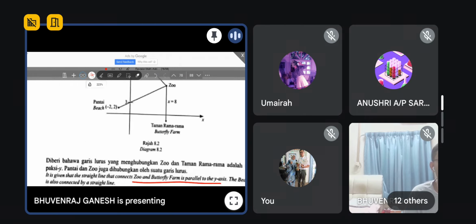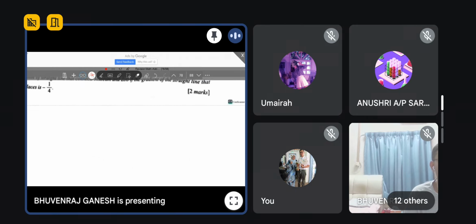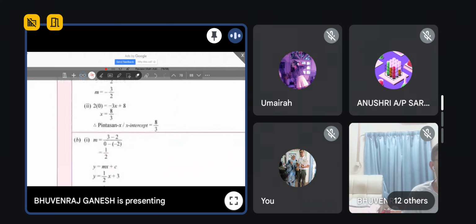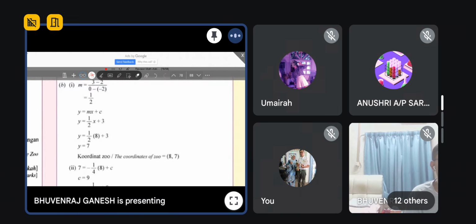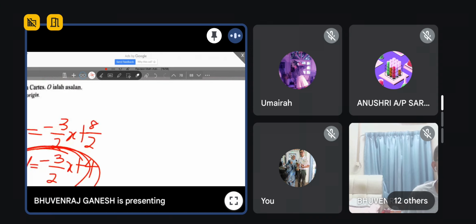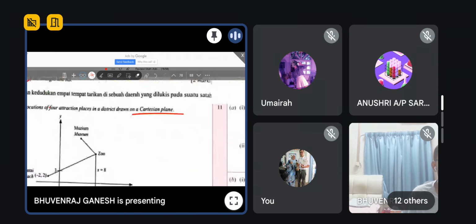Okay, so first of all, you form the equation for this line. When you form the equation, you find the gradient first from the 2 points, then you use y equals mx plus c. You substitute x equal to 8 because just now you have this line. Am I right, guys? Kamu ada garis ni.